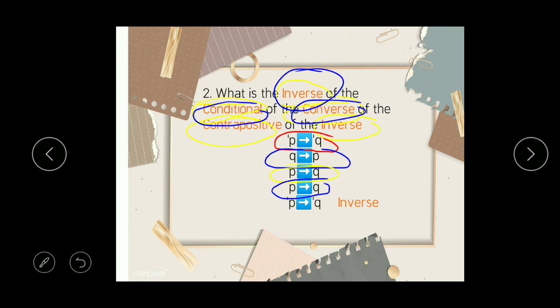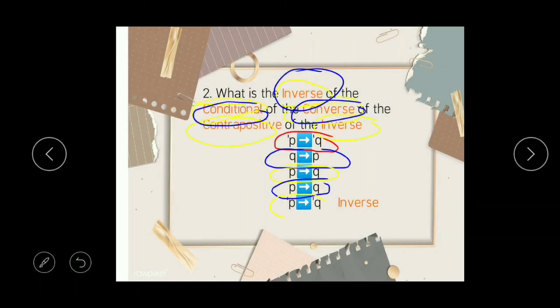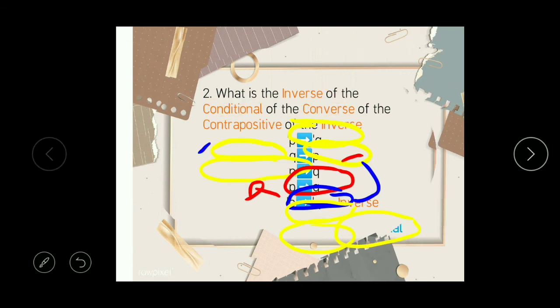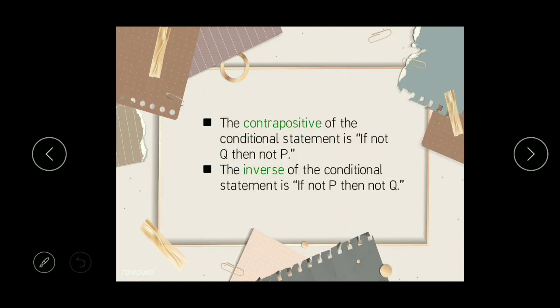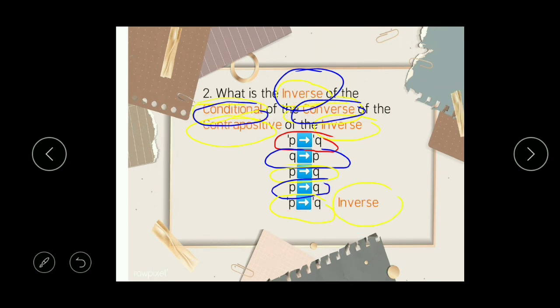We just copy the statement itself and put a negation to it, and it is read as: if not P, then not Q. Let us know what kind of statement this is: if not P, then not Q. So our conditional statement is if not P, then not Q, and therefore our last statement is the inverse. That is why we put inverse right here.